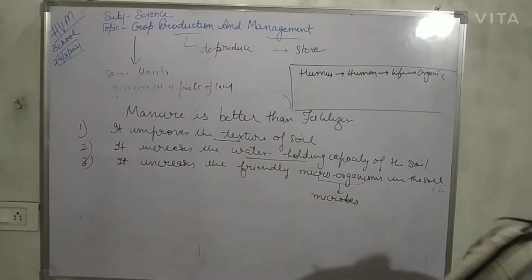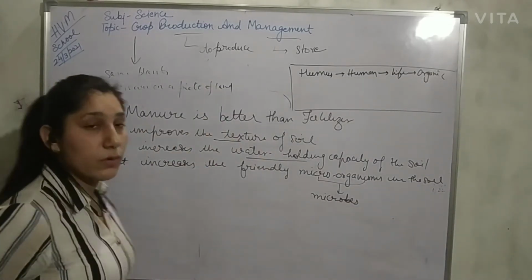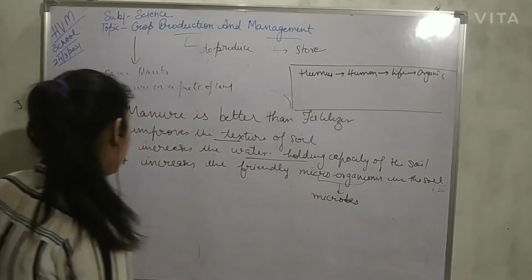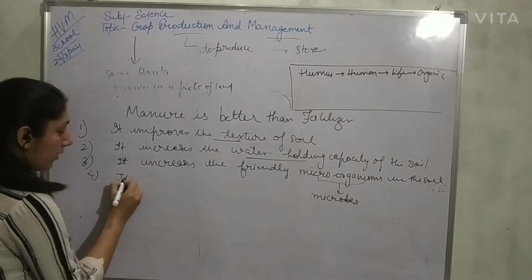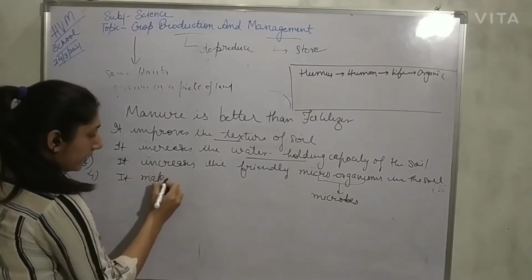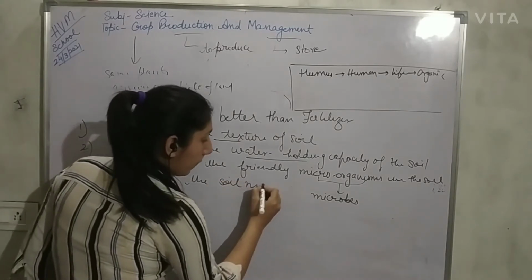Next advantage of manure over fertilizer is that it makes the soil more porous.